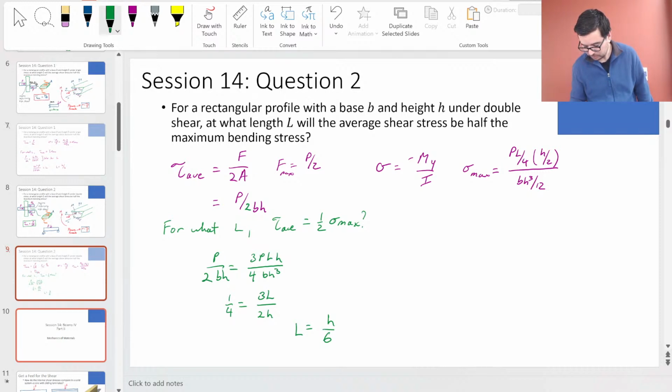Okay, so. Oh, okay, so wait a second. This is 8. This is 3 halves. P over 2BH.